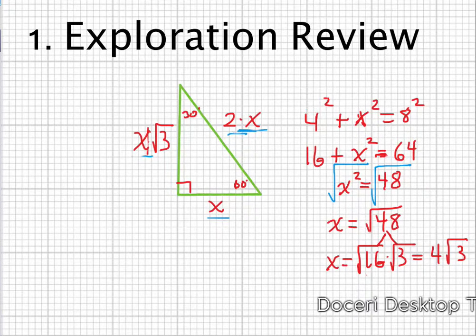Okay? So your pattern, your ratio is going to be x to x square root of 3 to 2x. So that's the ratio you should have explored.